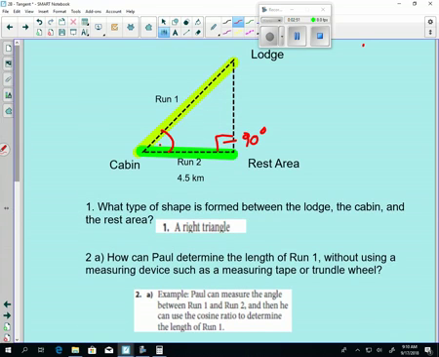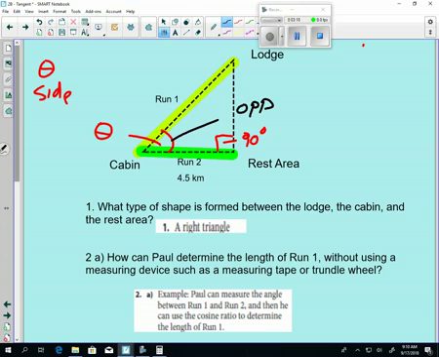So if we look at it, if we know this angle between run 1 and run 2, we already have this side here. So if we have an angle and a side, we can use trig. We need to determine which one to use. Well, label the triangle first. So if this is the angle that I measured, this side is my opposite side.